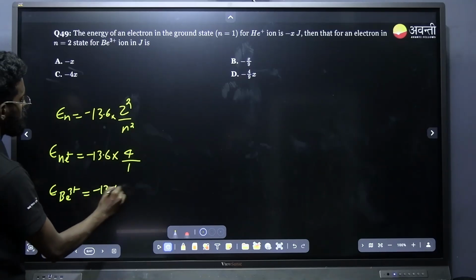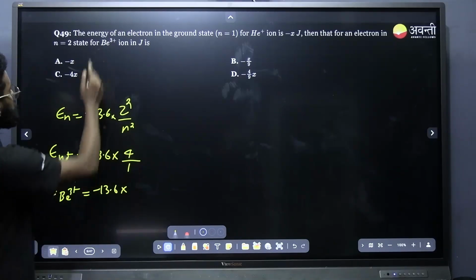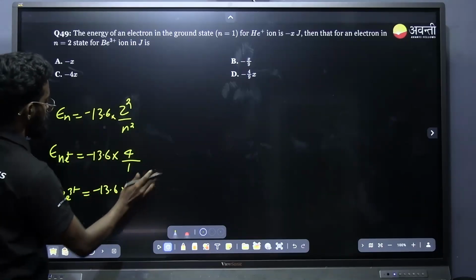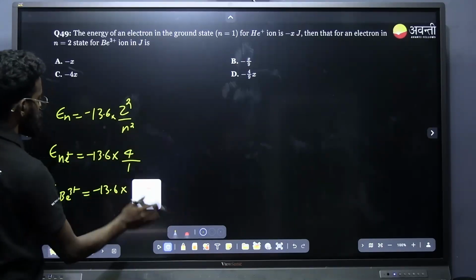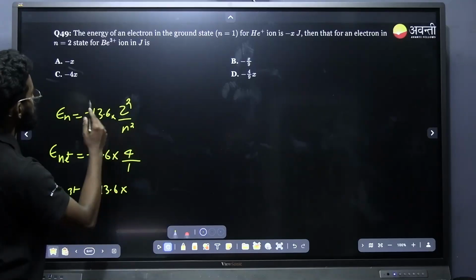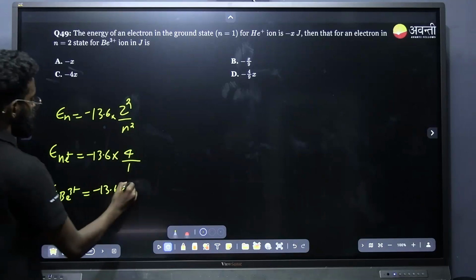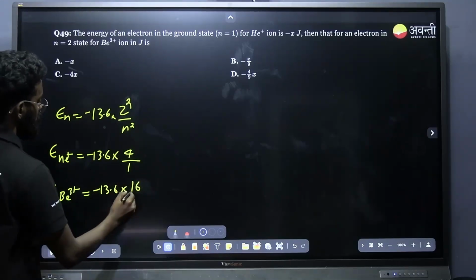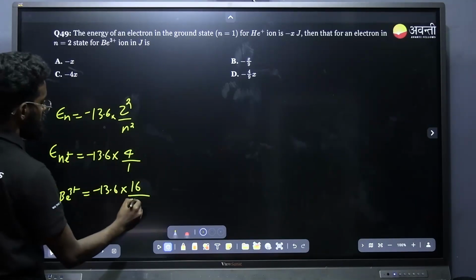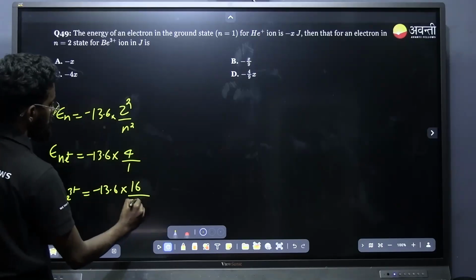Minus 13.6 into Z value of beryllium, it is 4. No, beryllium is 3, right? Z square is 9 and the n value is 2, so n square is 4.